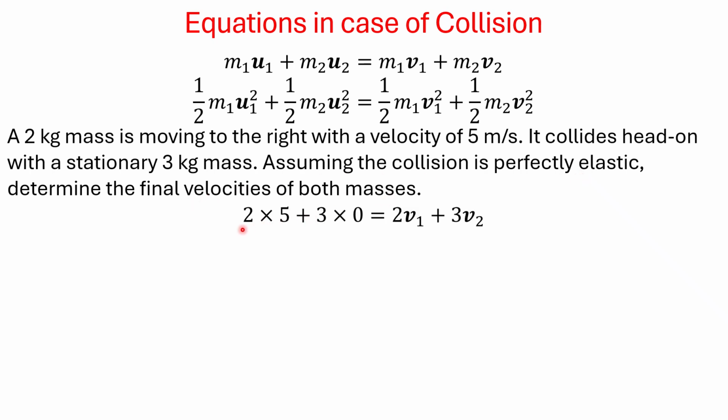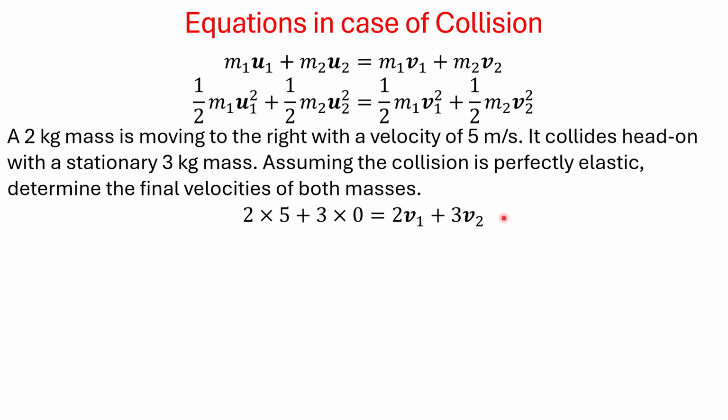So obviously m1 is 2 kg, u1 is 5 meter per second, plus 3 kg stationary, velocity 0, u2 is 0, that is equal to 2 times v1 plus 3 times v2, where v1 and v2 are unknown.